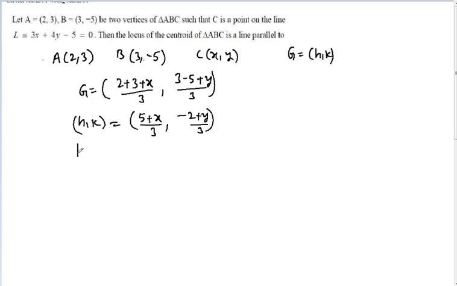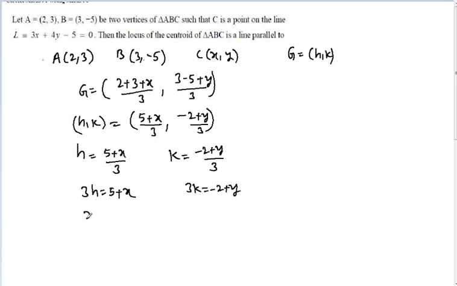So from this, h is equal to 5 plus x by 3 and k is equal to minus 2 plus y by 3. So 3h is equal to 5 plus x. From this, 3k is equal to minus 2 plus y. So from this, x is equal to 3h minus 5 and y is equal to 3k plus 2.